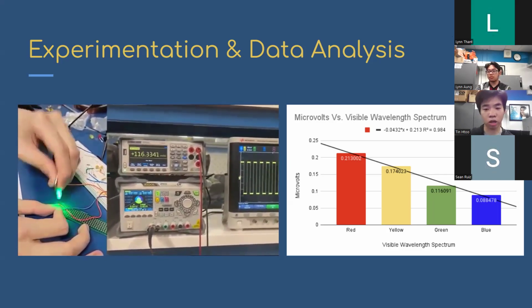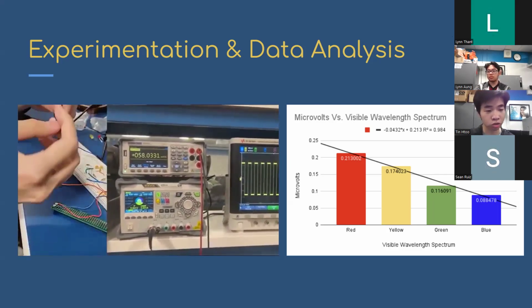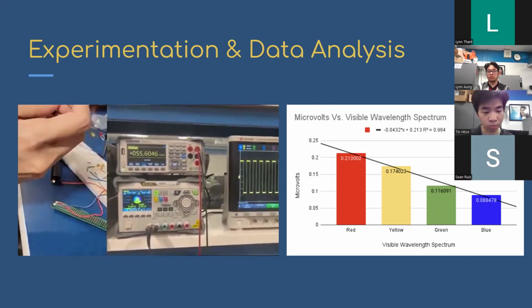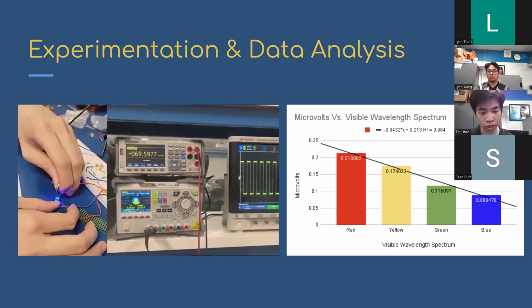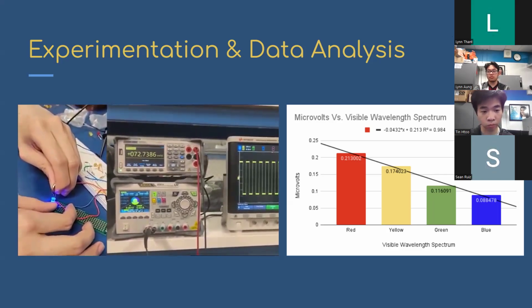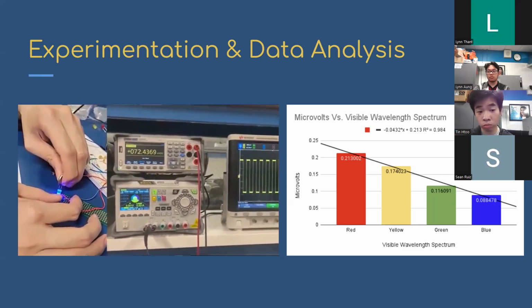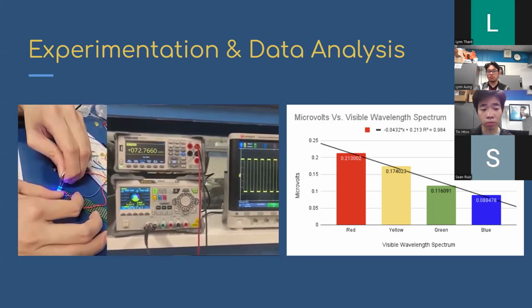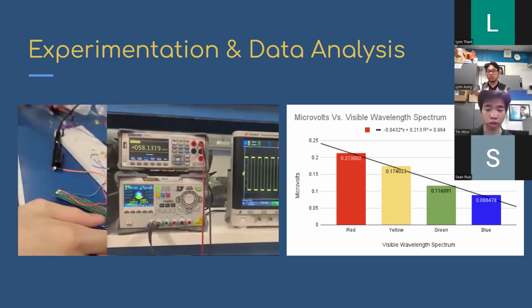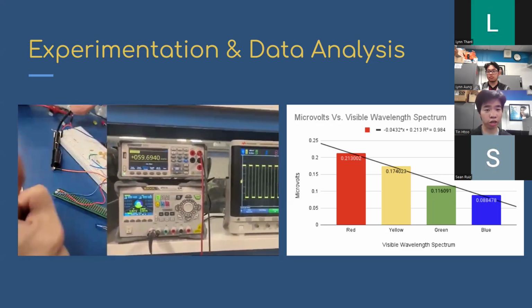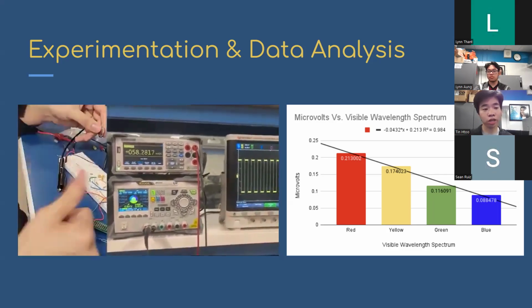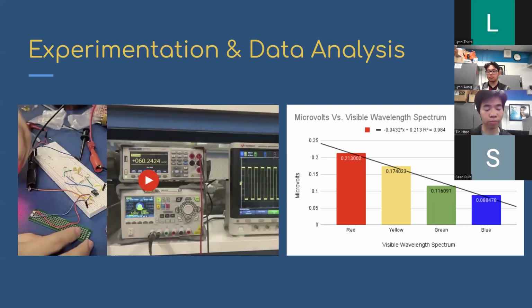That's basically ballpark. And then the next one is going to be the blue LED, which is about 73 millivolts. That's around 88 millivolts, so yes, it's in that range. So that is our experiment and data analysis.